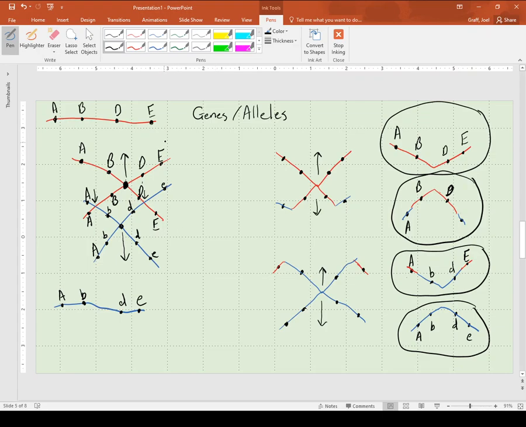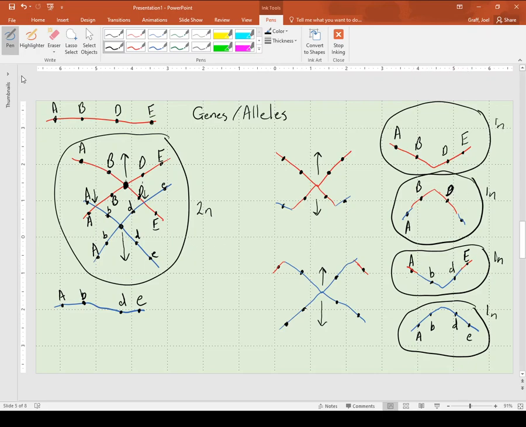Okay, so this was all originally in a cell that was 2N. These are all 1N. So you have all capital, you have a capital and 3 lowercase, but then when you look at these mosaics, you'll have a capital, lowercase, lowercase, capital.